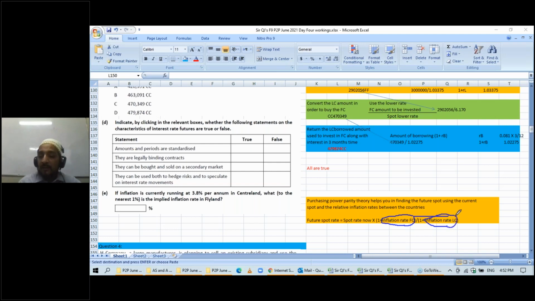In the above formula for interest rate parity theorem, the formula included interest rates on which the forward rate was based. Okay, now plugging in the figures over here, we will get the inflation rate.